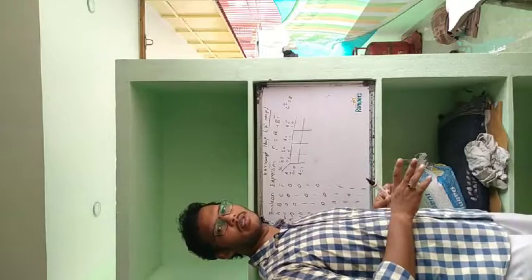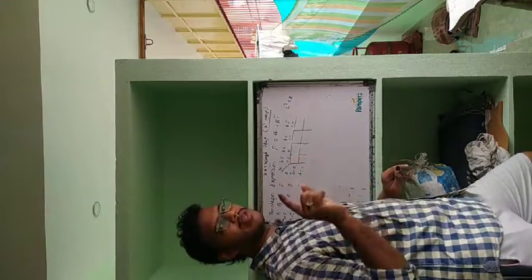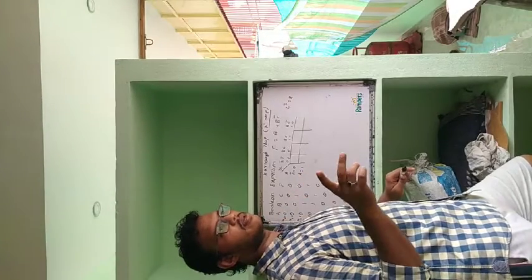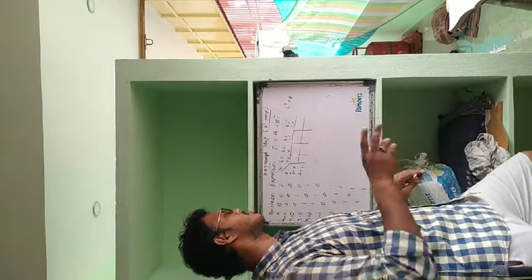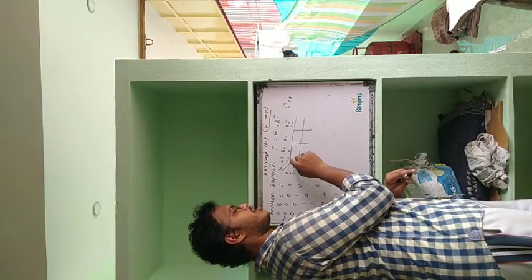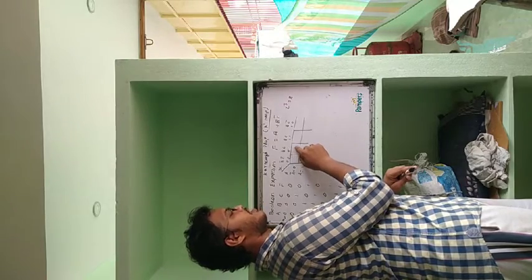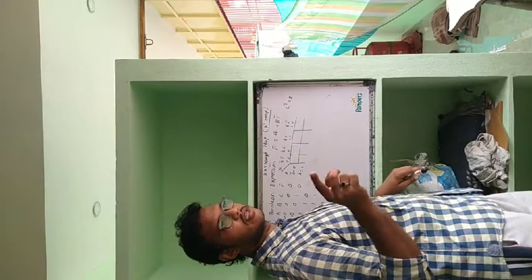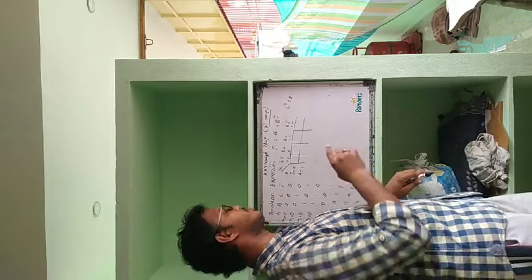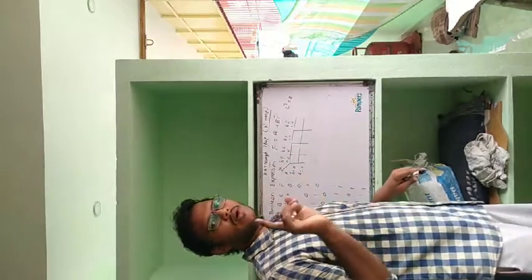So there is one property in the K-map. We have to change only one bit to the adjacent cell. If you are in 0 0, for the adjacent cell, if you want to change, the change can happen in only one bit.